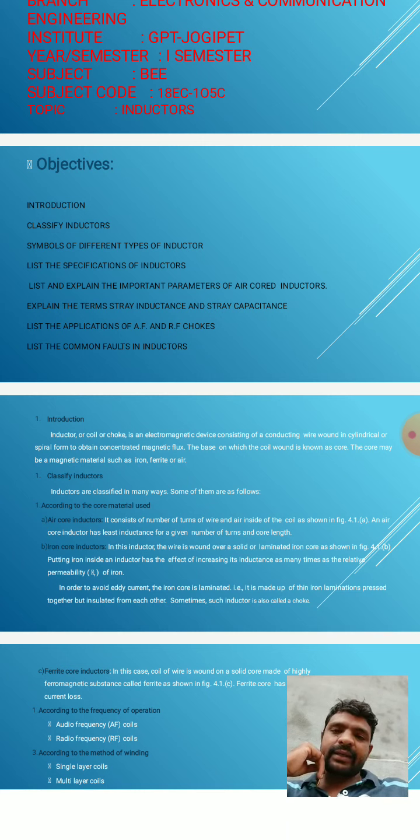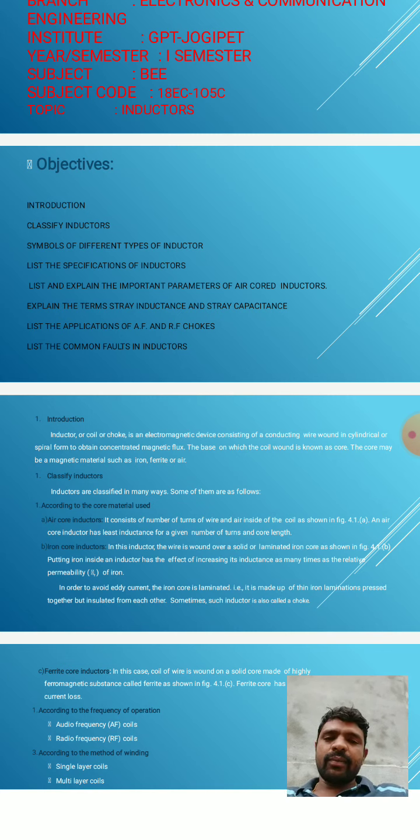Classify inductors. Inductors are classified in many ways. Depending on the core materials: air core, iron core, and ferrite core. Depending on the operation: fixed inductors and variable inductors. Depending on the frequency of operation: audio frequency inductors and radio frequency inductors.